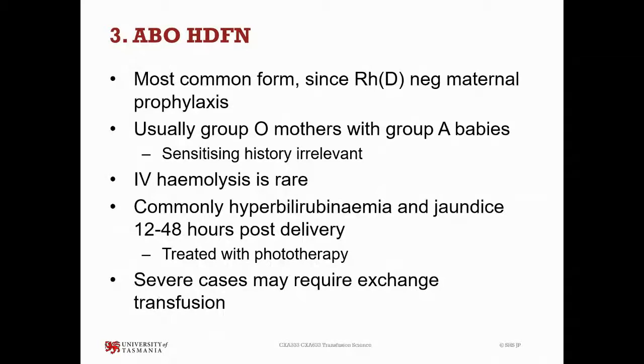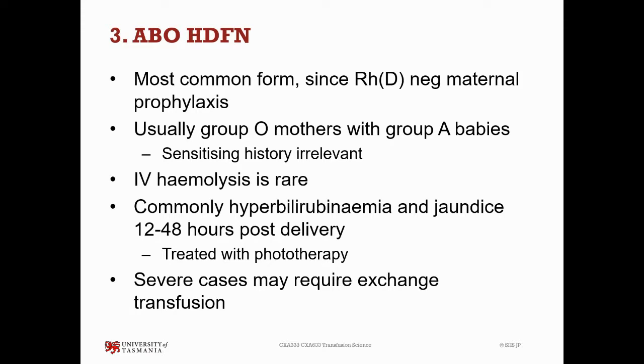Now on to ABO HDFN, and since RHD negative maternal prophylaxis, and that's what we'll have a look at in a minute, ABO HDFN is the most common form. It's very rarely severe, it's usually fairly mild, and it's usually dealt with quite easily by exposing the baby to sunshine, and the sunshine is enough to resolve the jaundice.